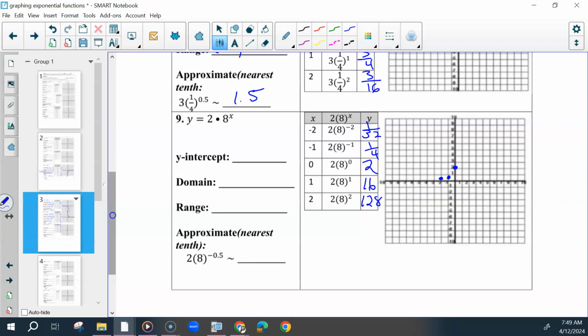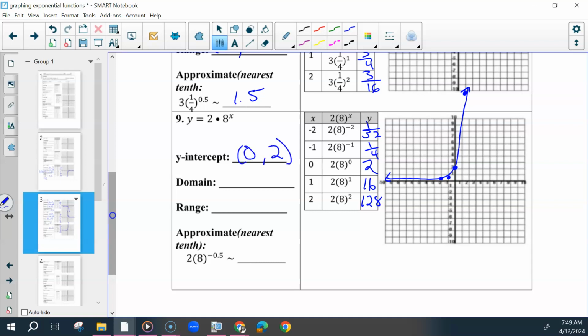So again, just kind of graph it off, but the rest we couldn't do. What is our y-intercept here? 2. 0, 2. Make sure you're writing it as the ordered pair.